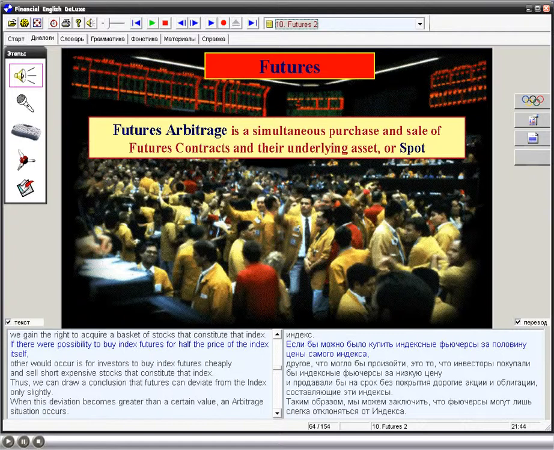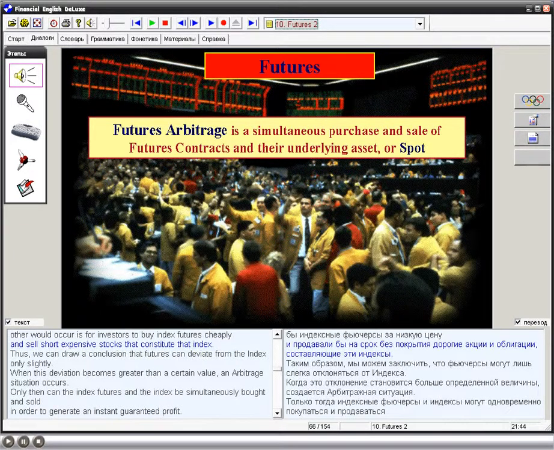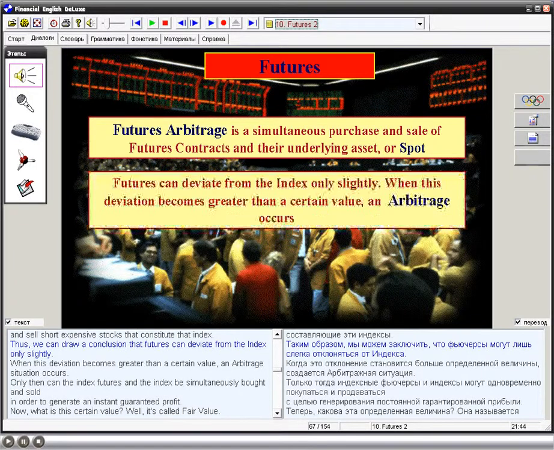If there were a possibility to buy index futures for half the price of the index itself, all that would occur is for investors to buy index futures cheaply and sell short expensive stocks that constitute that index. Thus we can draw a conclusion that futures can deviate from the index only slightly.